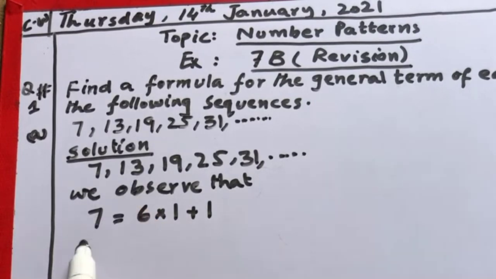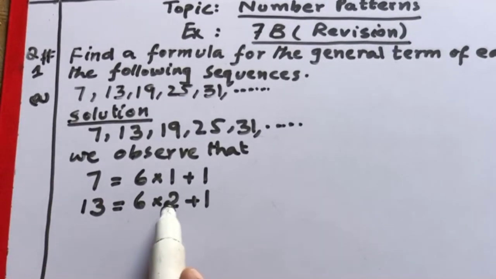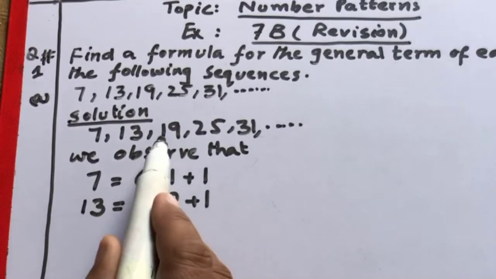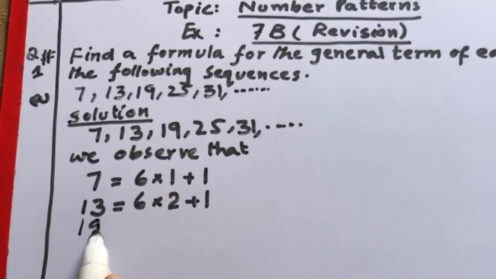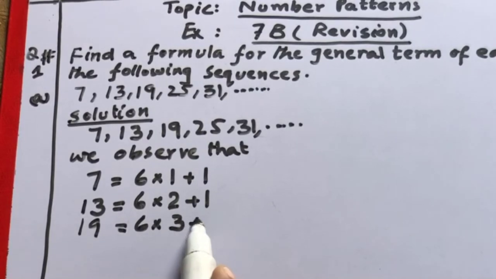And if we take the second term, which is 13, and if we multiply 6 multiply by 2 and add 1 in it, so it becomes 13. By simplifying, 6 multiplied by 2 becomes 12 plus 1 is equal to 13. And if we take the third term, which is 19, and if we write it 6 multiplied by 3, it becomes 6 3s are 18, plus if we add 1 in it, it becomes 19.